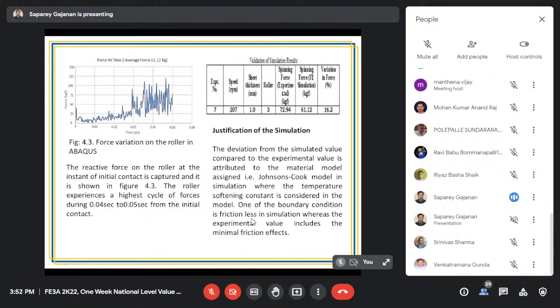You find the spinning force experimentally for one particular case is 72.94, whereas for the same case the FE simulation gives 61.12. A variation of 16.12 is there. This variation has happened because of the facility and uncontrollable parameters. When you use CNC, probably this may come down to single digits.